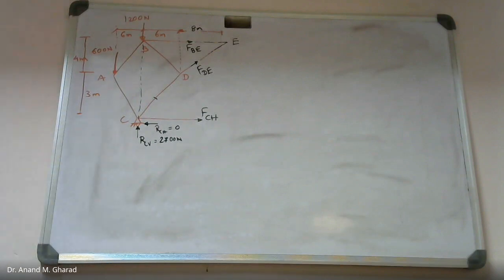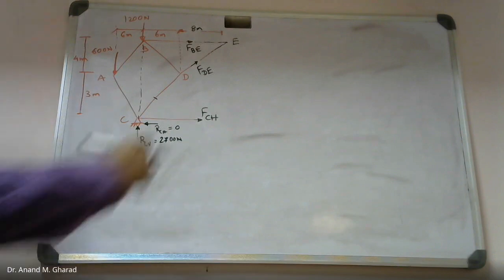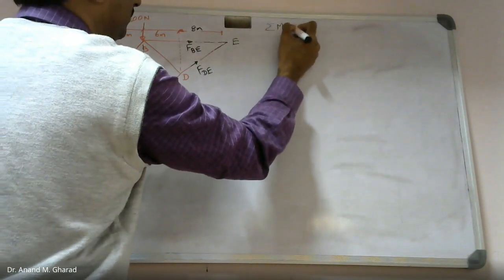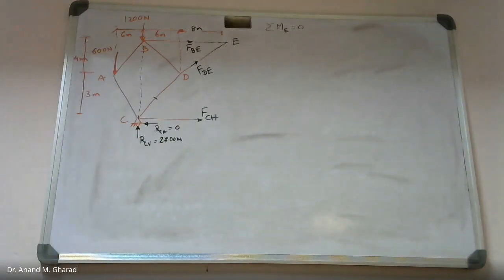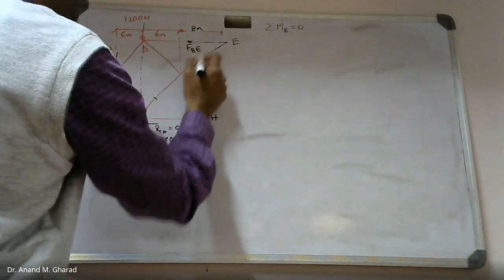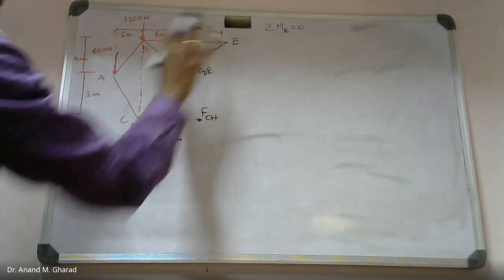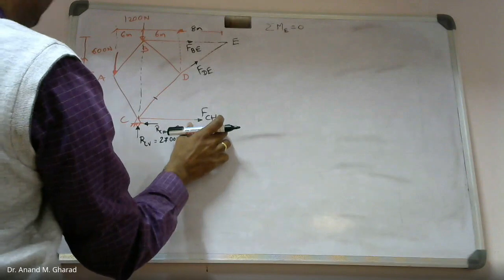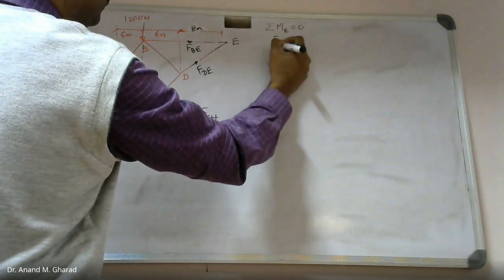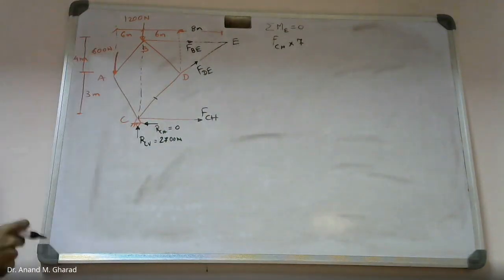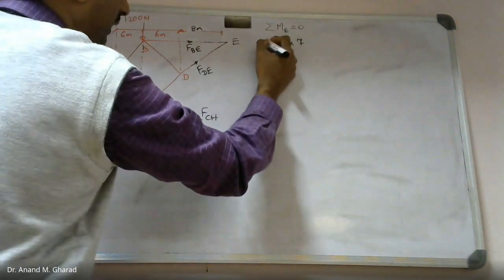So let's go by taking, let's say, moment about point E, summation of moment about point E equal to 0. From that, I will get the value for CH, because you can see BE and DE are passing through point E. These two will get eliminated. So can you formulate the equation? This will be FCH into 7, because this height is 4 plus 3, and it is rotating about point E in the anti-clockwise direction.